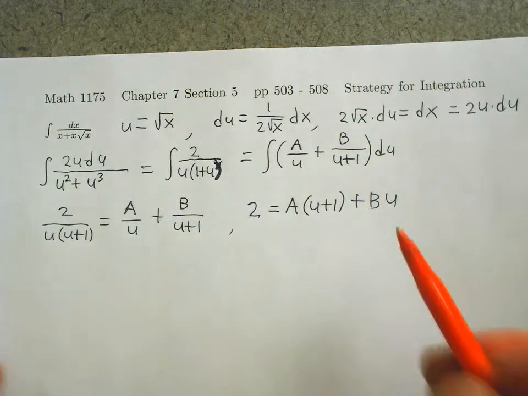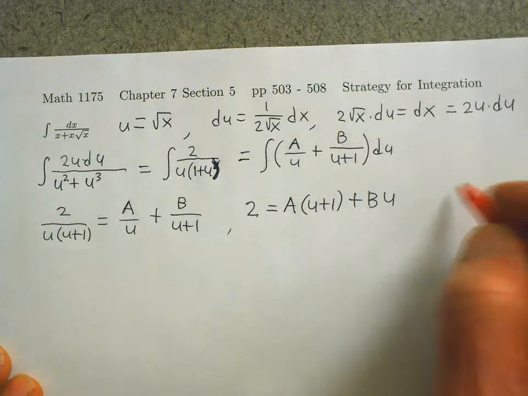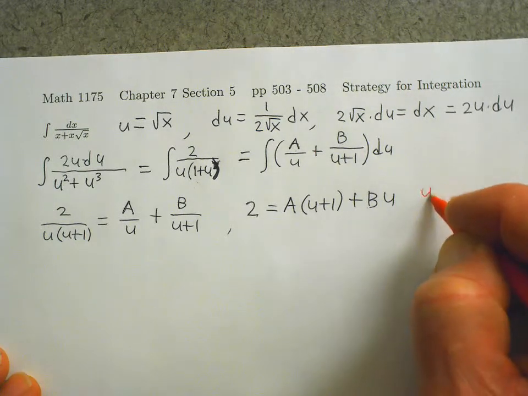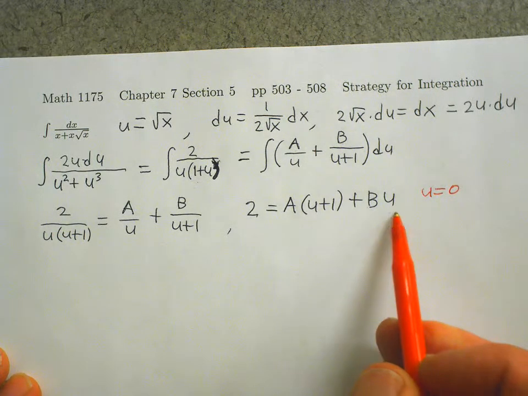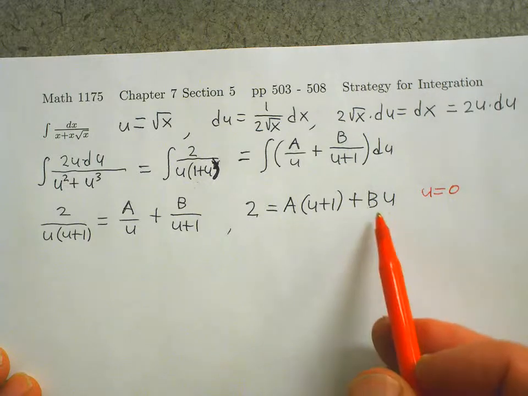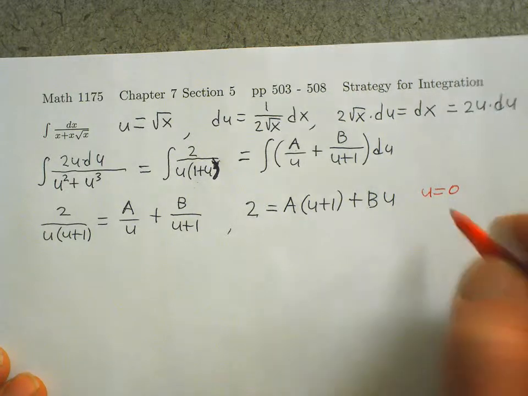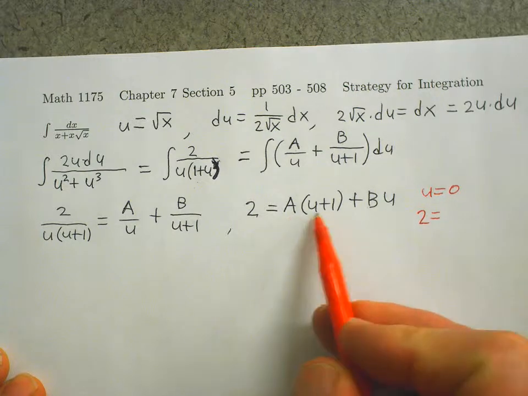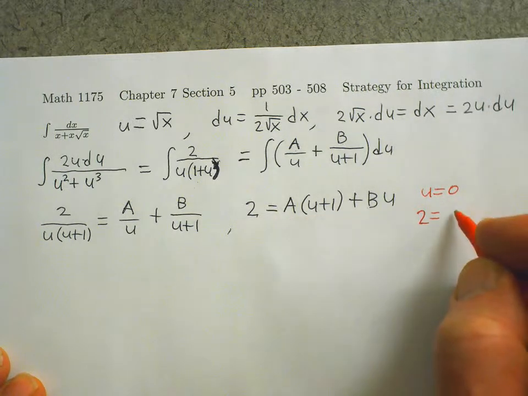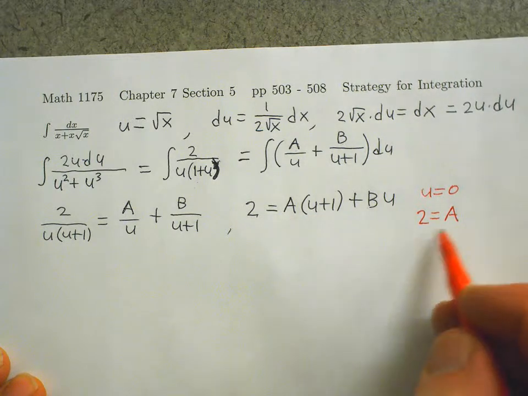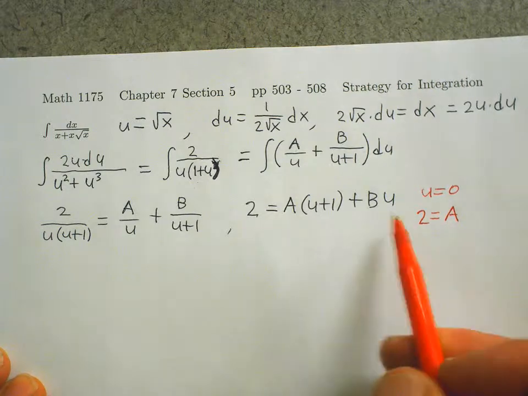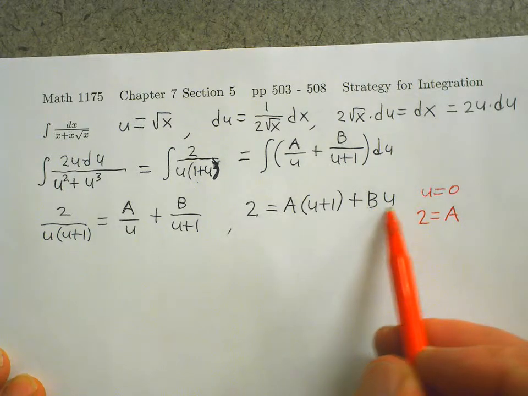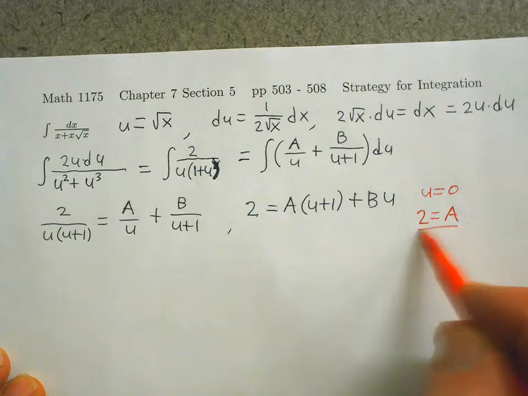So first, let's assign u to be 0. Replace every u with 0, and we get the equation 2 equals a times 0 plus 1, or 2 equals a times 1, or a, and b times 0 is 0, so we find that the value of a is 2.